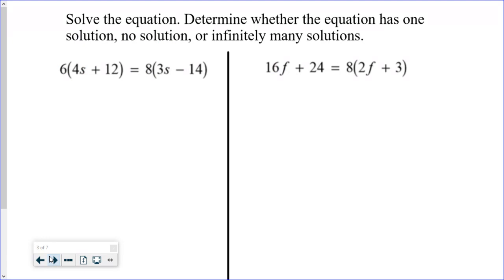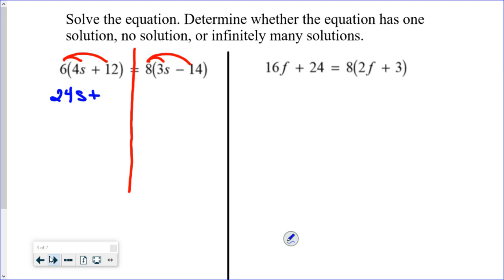Okay, so it says determine whether the equation has one solution, meaning x equals a number, infinite many, or no solution. So let's do it. So here's my first example. Okay, draw the line in, distribute on both sides. Okay, so here I get 24s plus 6 times 12.